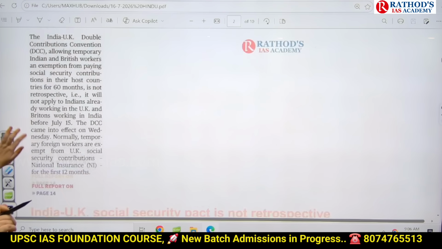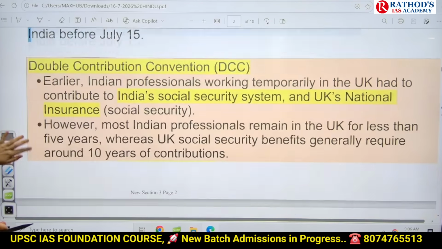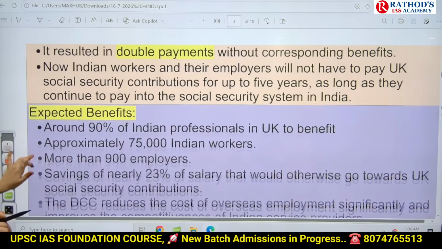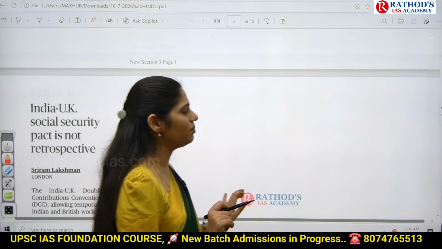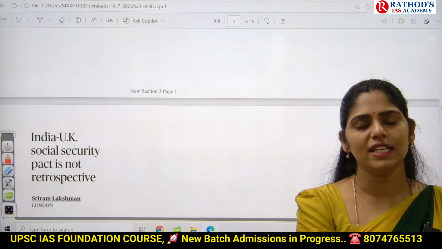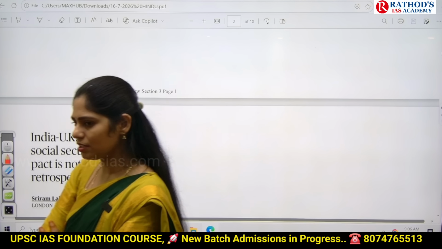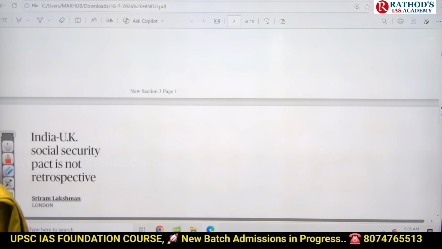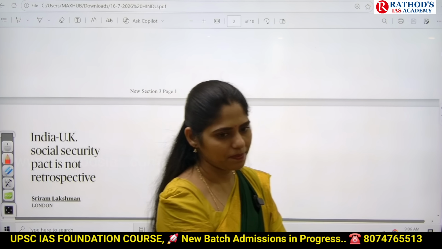And now you have to know about what the benefits of this DCC will be. On this, UPSC can ask you a mains-based question. The question can go this way: recently, the India-UK trade deal came into effect. In that trade deal, one important provision is about DCC.